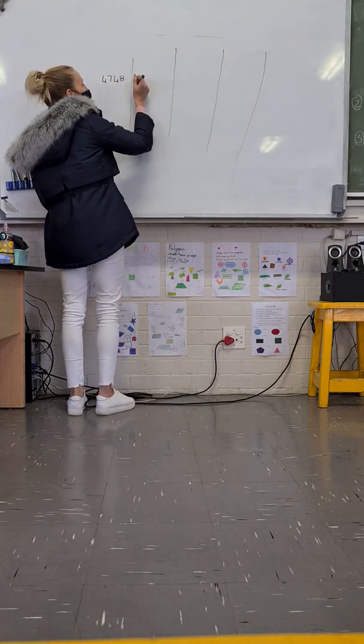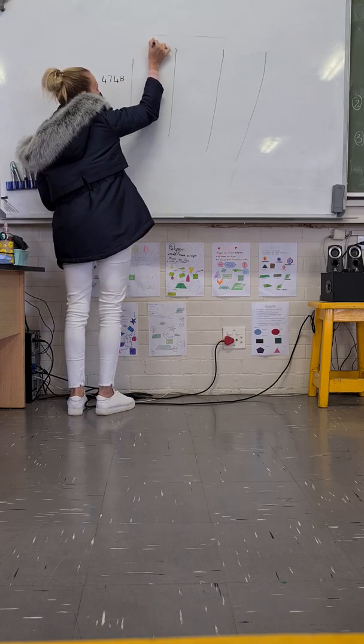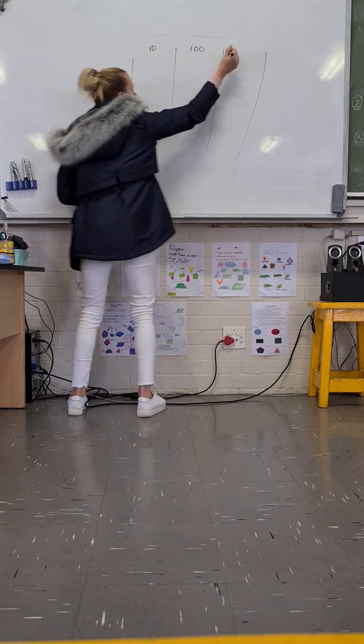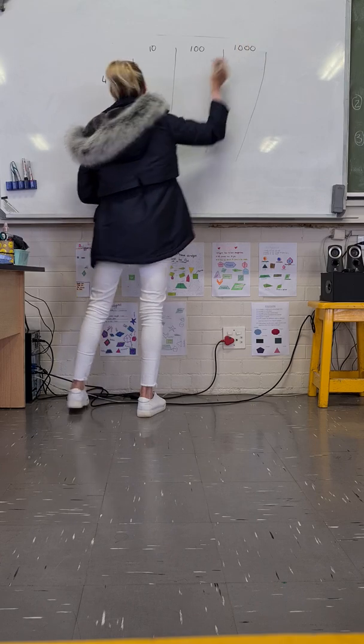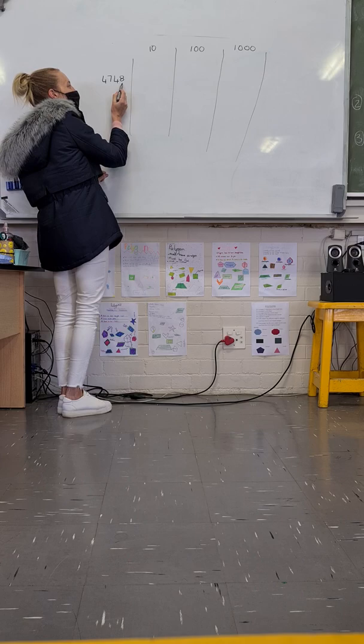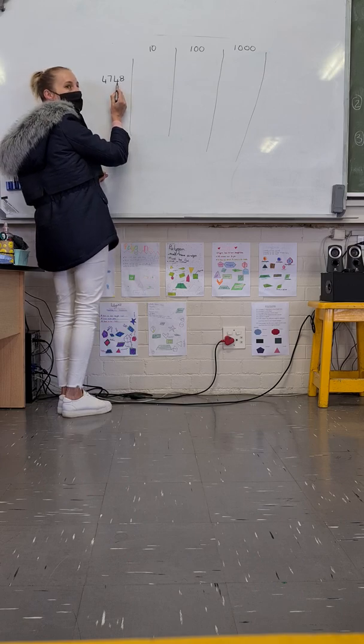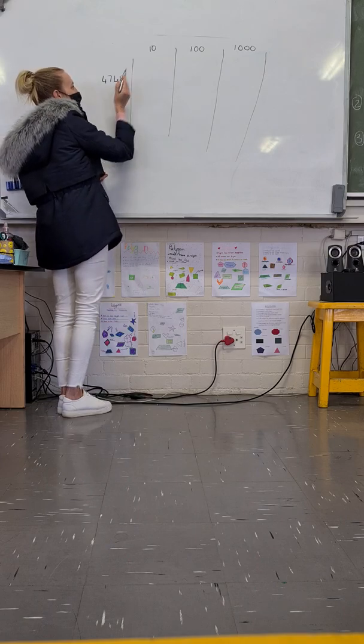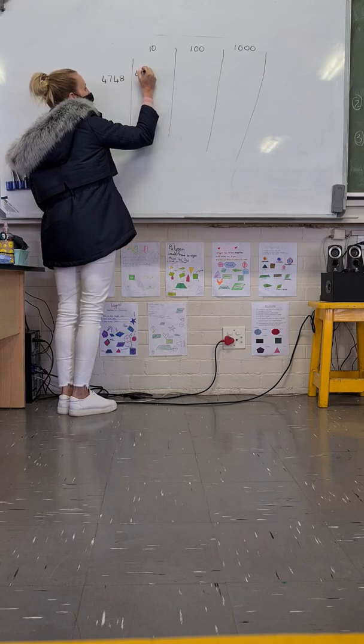Okay, 4748. If we round it off to the nearest 10, what do we look at? The unit. Is this unit going to make my 10 round up or round down? Round up. Okay, so it's going to be 4750.